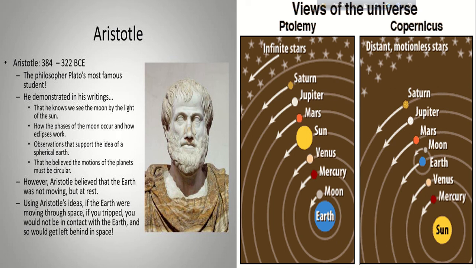However, Aristotle believed that the earth was not moving but at rest. Using Aristotle's idea, if the earth were moving through space, if you tripped, you would not be in contact with the earth and so would get left behind in space.